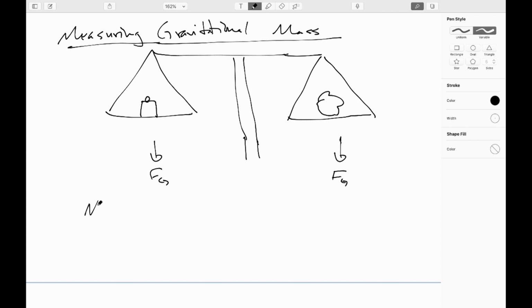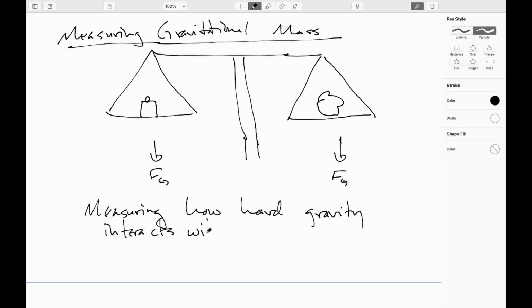This is measuring how hard gravity interacts with an object. Now, in our operational definition of mass, we just roll with this gravitational mass. We'd say it's that thing that a balance measures.